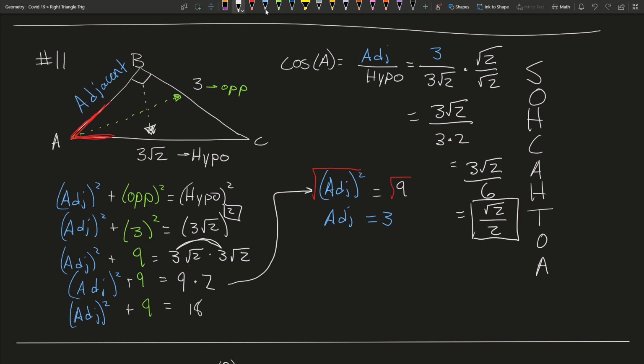We subtract 9 there, Tyler, in order to solve for our adjacent side. So we're trying to get that adjacent squared by itself. In order to do that, we have to subtract 9 first.